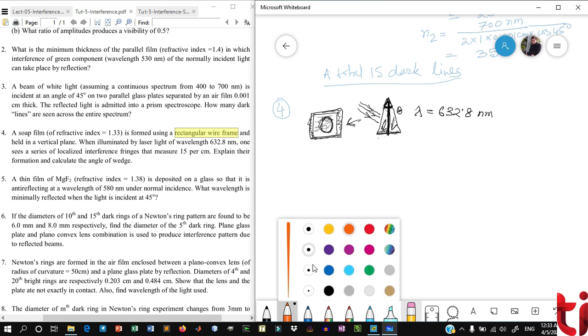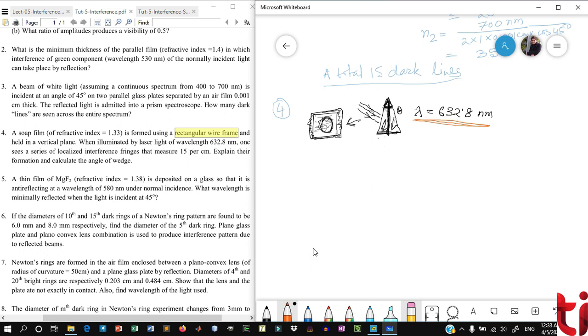So this wavelength is incident on this wedge-shaped thin film, and that's a laser light. And when you do that, what you see is a range of fringes of alternating dark and bright, dark and bright. And how many such fringes? So 15 per centimeter on this wedge-shaped thin film.